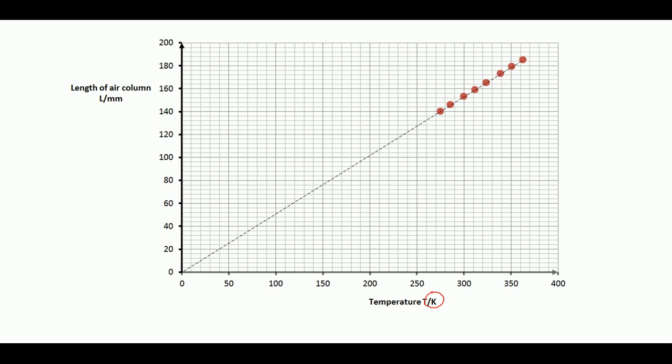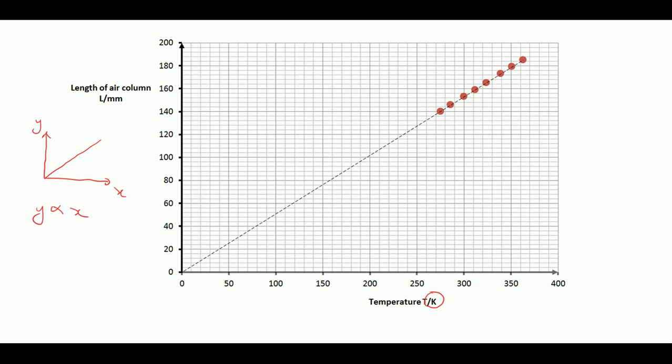Now, if you remember from maths, if we have a graph with y and x, and a straight line that passes through the origin, we see that y is directly proportional to x.